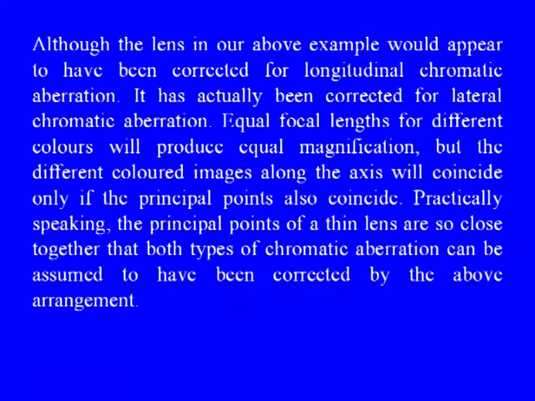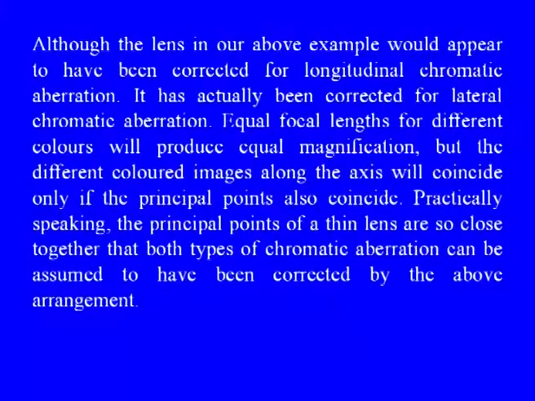The focal point should also coincide, and that will be the situation if the principal points also coincide. But practically speaking, the principal points of a thin lens are so close together that both types of chromatic aberrations can be assumed to have been corrected by the above arrangement, in which you have two thin lenses, one concave, other convex, of different materials, satisfying that relationship of omega by f plus omega prime by f prime equal to 0.